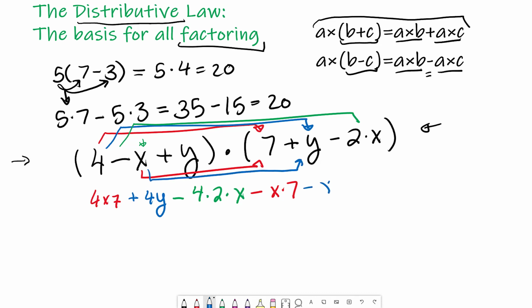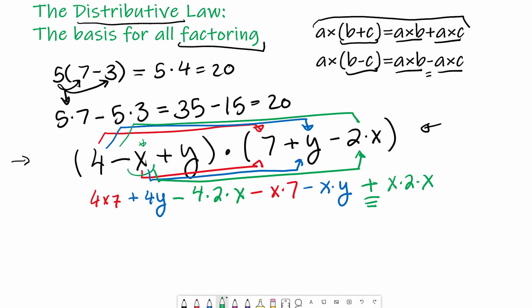So that's negative x times y. And finally, we have negative x times negative 2x. Negative times negative makes a positive. So this is a positive x times 2 times x. So those are the 3 terms that come from the multiplication of x.